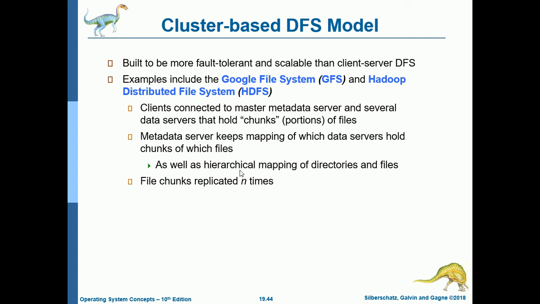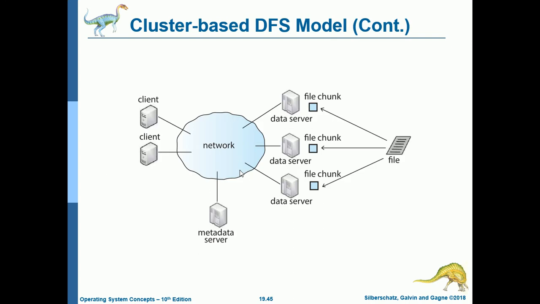So the cluster-based model is more efficient because it can handle big data. This is an illustration of how the cluster-based model is set up. We have the client, the data servers, and the metadata server all connected to a network. As described in the previous slide, the metadata server has the list.